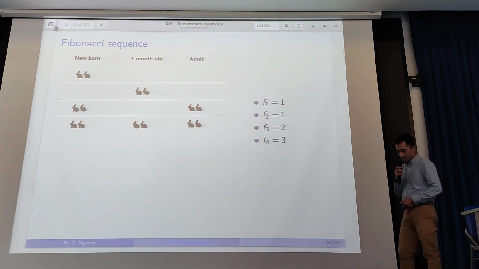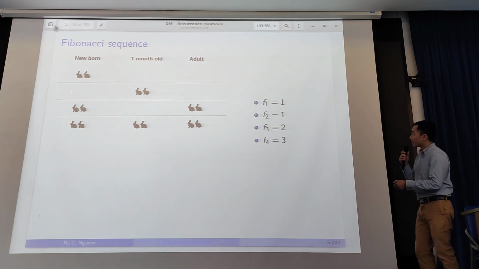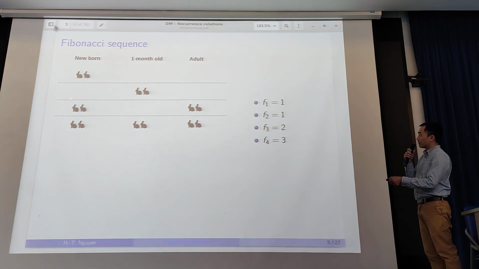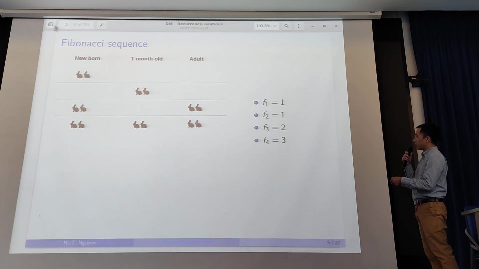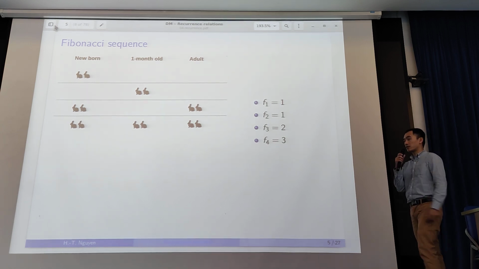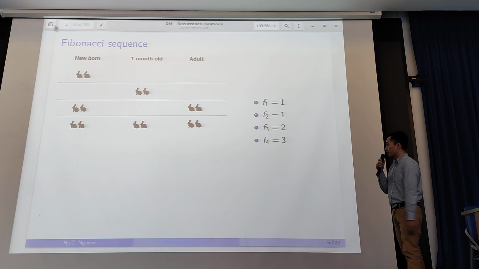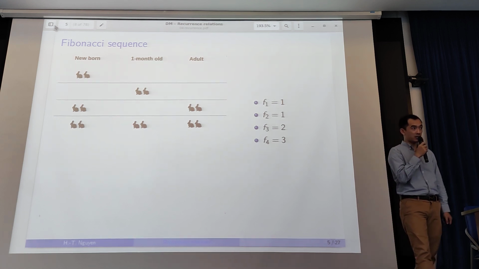Next month, the newborn pair becomes a 1 month old pair, so it moves down here, and the adult pair gives birth to another new pair, so we have in total 3 pairs of rabbits.